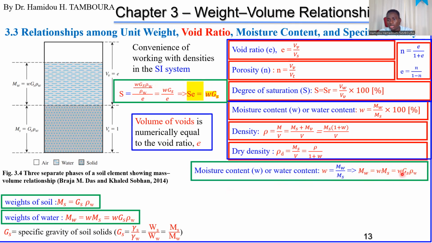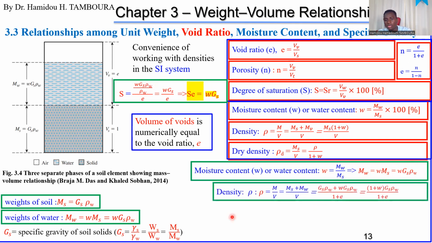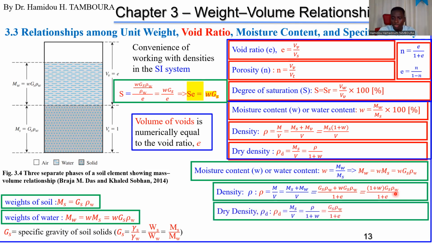From the water content you can obtain the mass of water and use something like that. For the density also, just replace unit weight by density, and the weight by mass from the previous, and you will get the same.